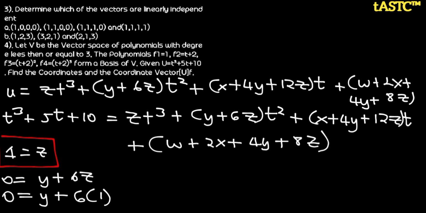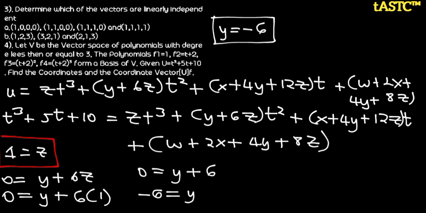So obviously we're going to have a 0, and that will be equal to y plus 6. In order to find y, we need to take the 6 to the other side, and so that is going to give us negative 6. So here we know that y is equal to negative 6. This is also a beautiful one. And let us go on.